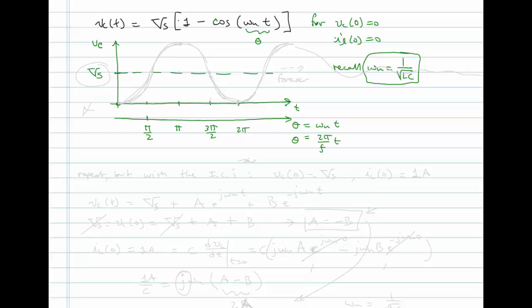Okay, so we start at 0, and at pi over 2 we are going to be at 1. Alright. And then at pi, cosine of pi is minus 1. So 1 minus minus 1 will take us up to 2 Vs. So that would be up here. And then at 3 pi, we're going to be back to 0.